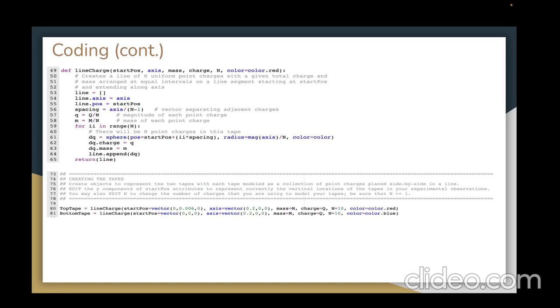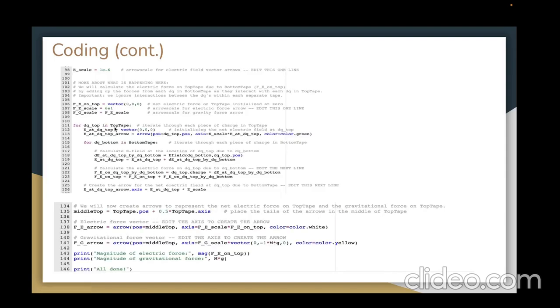This essentially defines the actual piece of tape as a collection of n point charges, and it creates spheres for every single point charge, gives them their mass and their individual charge based on the ratio of that point charge to the entire piece of tape. Now near the bottom you can see the created tape objects, which are 2 line charges. They are separated by the distance of repulsion, and they have n equals 10, which means they'll have 10 point charges each, with a total charge of q.